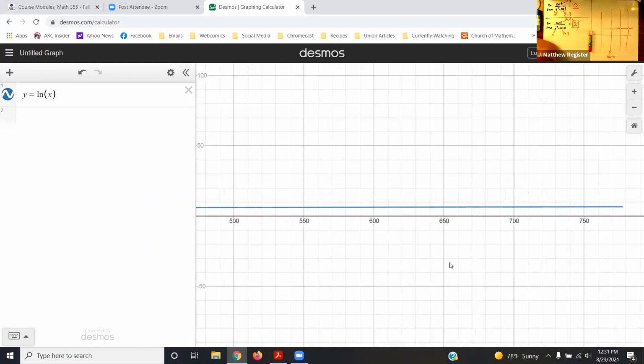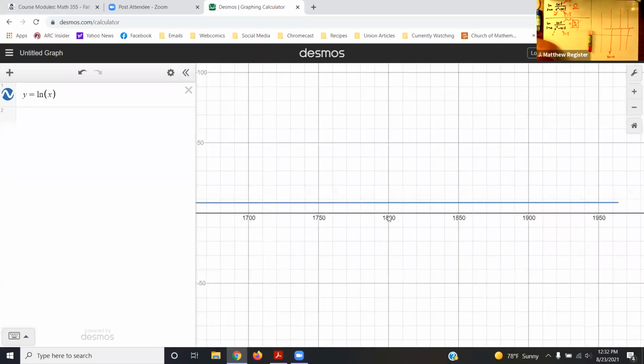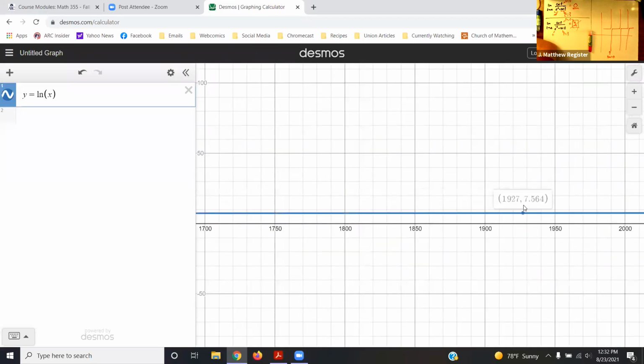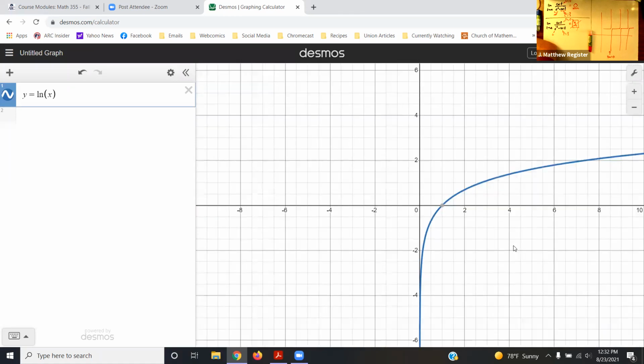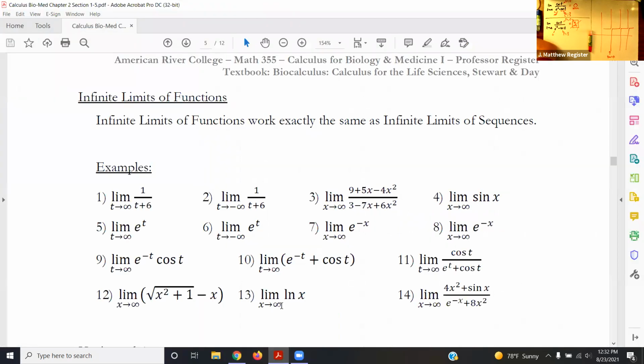And it doesn't look like it's getting much larger, but it is very slowly getting larger. Natural log is one of the slowest functions out there, but it will still go out to infinity. And so the y value will eventually get as large as we need it to get. And so for the limit as x goes to infinity of natural log of x, that one is infinity.